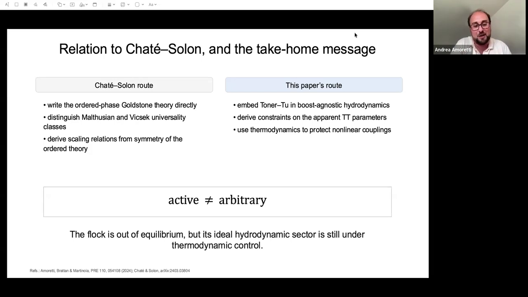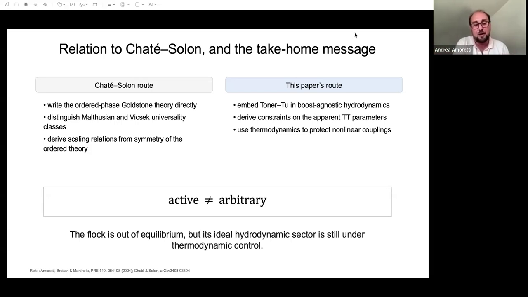Now, the Toner-Tu equation is just used as the most common way to have a hydrodynamic description of an active system, and what they do is basically a boost agnostic hydrodynamic theory, because they don't have boost, and they add this potential, so that you can do it also in a boost agnostic framework.